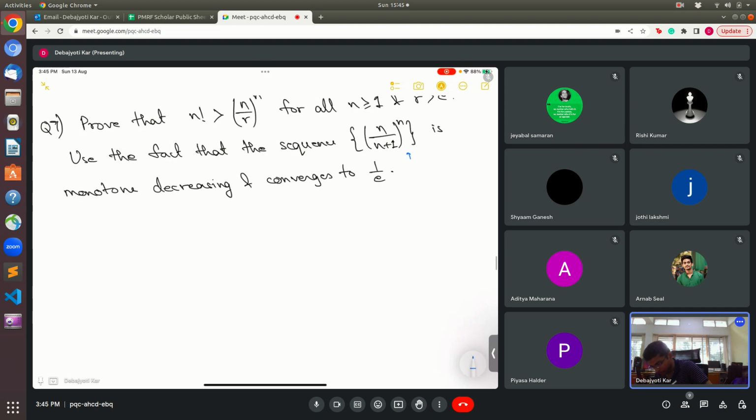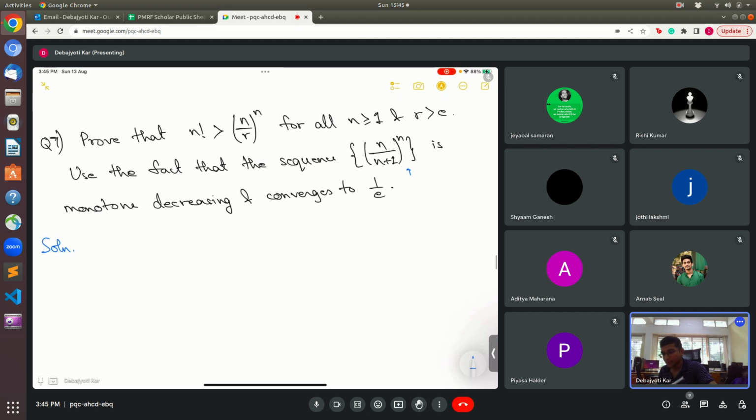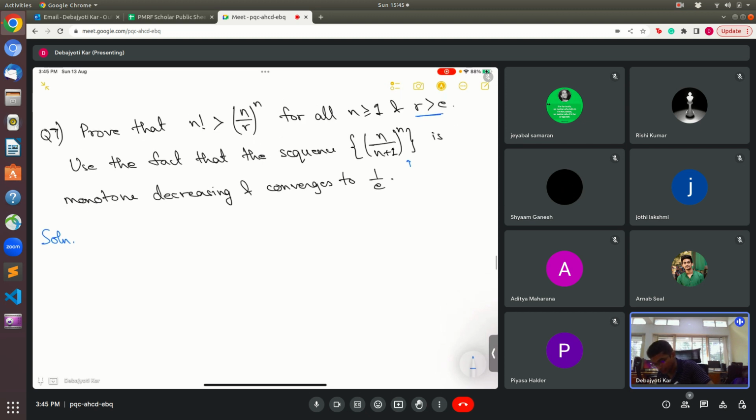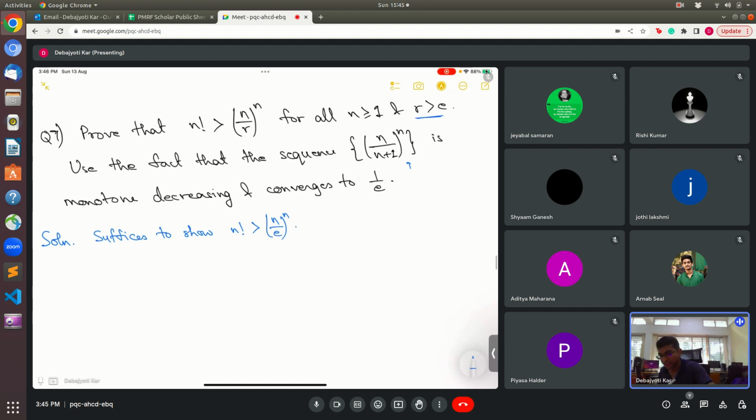So since we need to show this inequality for every r more than e, it suffices to show this thing. If we are able to show this, then since r is greater than e, this will directly imply that n factorial is more than n by r to the power n.